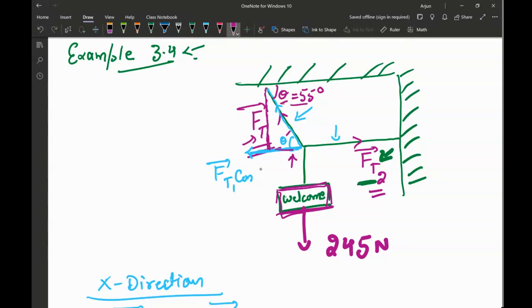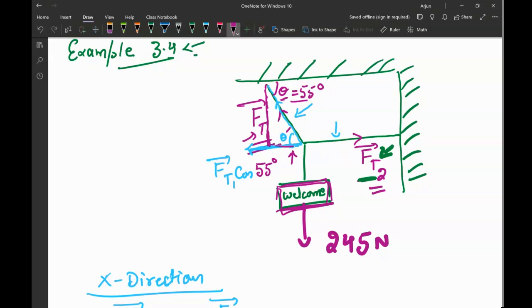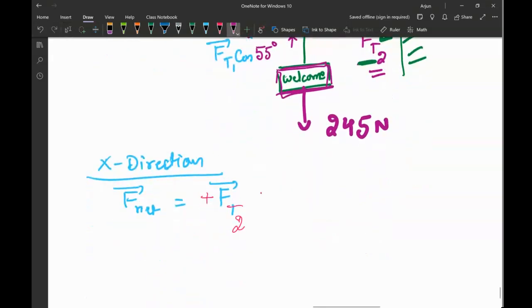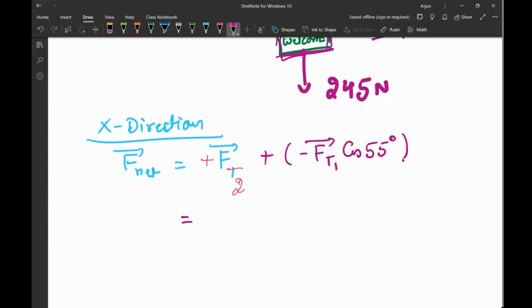So I'm going to call it Ft1 cos of 55 degrees, and this is acting towards the left-hand side, so this is a negative force. Now the net force: Ft2, I'll write as it is, minus Ft1 cos of 55 degrees.